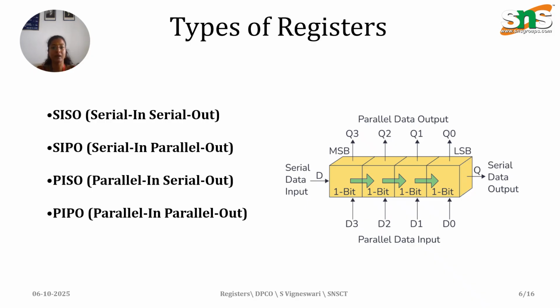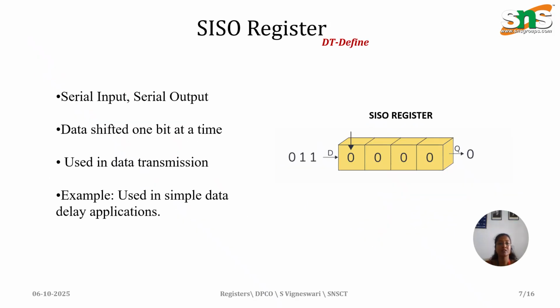Whereas in a parallel data input, you load the data parallelly and obtain the data parallelly at the output side. First we start with the serial in, serial out shift register. As you can see from the figure, in the SISO register the bits are moved only one bit at a time.